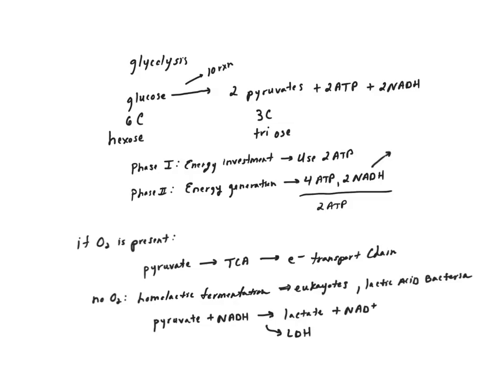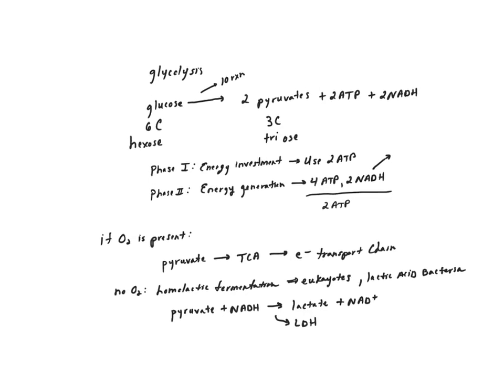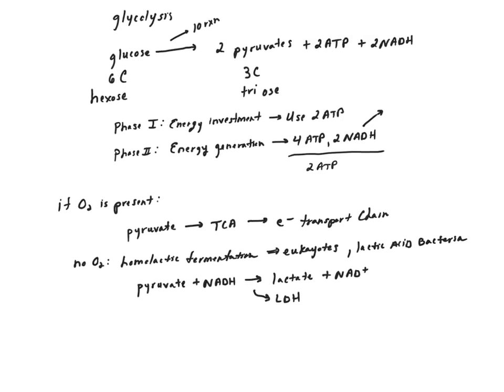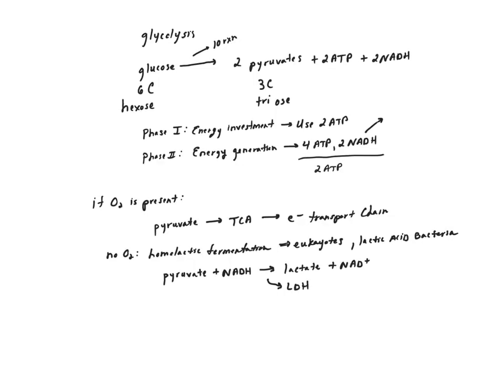Okay, so one other fate of pyruvate, if we're not in eukaryotes and we're not in lactic acid bacteria, what is the other possible fate of pyruvate? Alcoholic fermentation, right? If I could spell alcohol. What happens in alcohol fermentation? We take pyruvate, and what is the final end product?